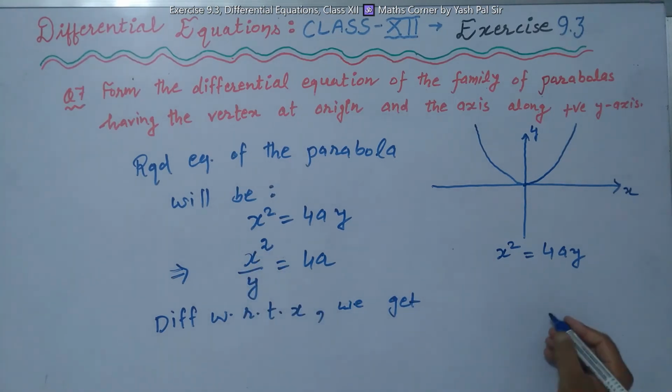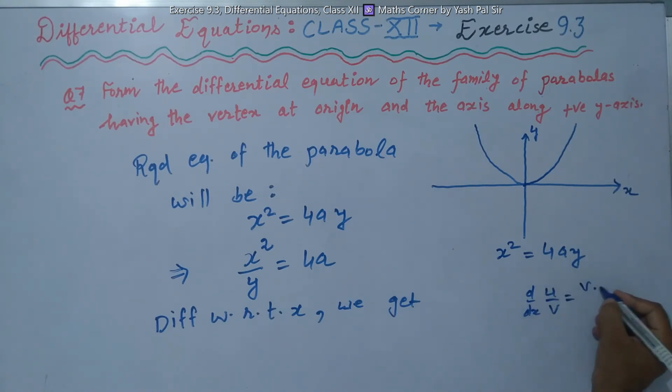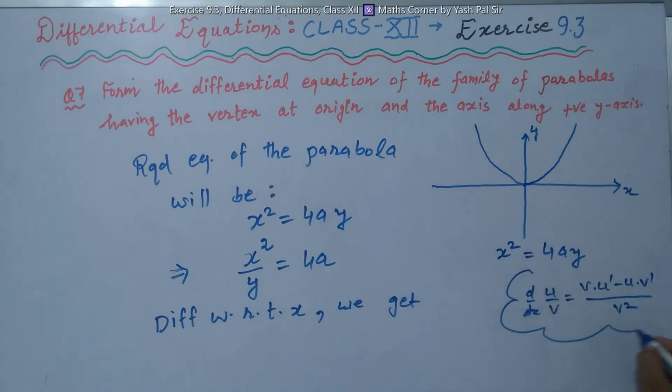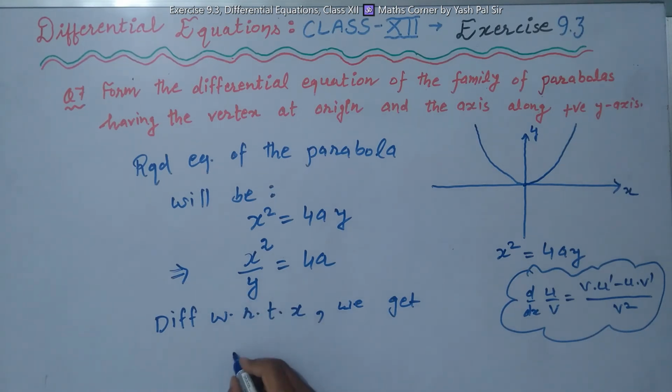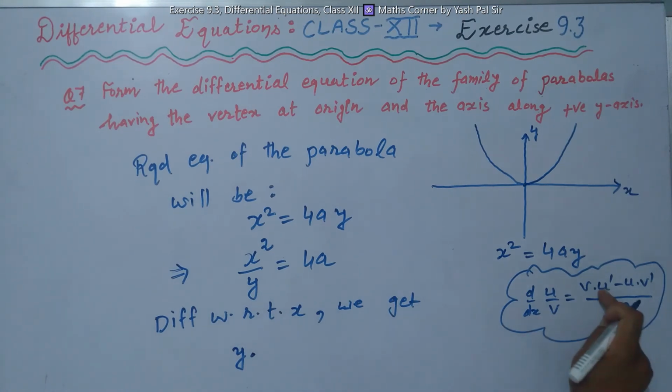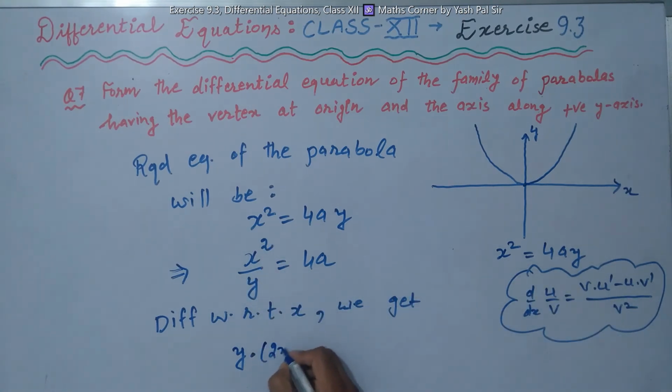Quotient rule. What is the quotient rule? Derivative of u upon v is equal to v into u dash minus u into v dash upon v square. So this is the quotient rule in case of derivatives. So we apply this here. This becomes denominator v into derivative of u. x square derivative is 2x.